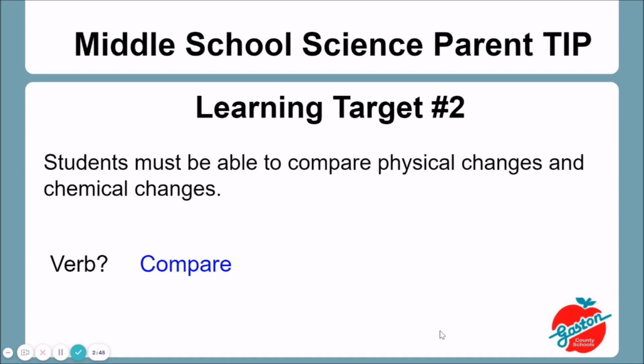In this context, compare does not only mean what is similar, the same or alike, but also means the differences. Therefore, your students should be able to tell the similarities and the differences of physical and chemical changes.